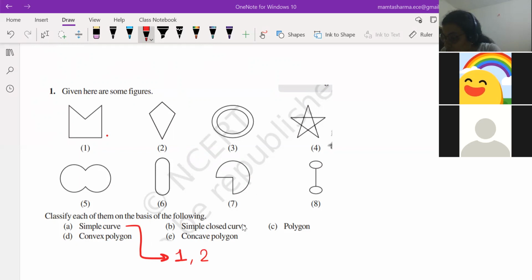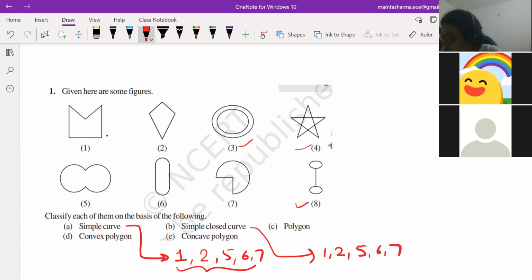So 3, 4, 8 will not be simple curves. Other than these, 1, 2, 5, 6, 7 will be simple curves. For simple closed curves, they all are closed, so the same answer: 1, 2, 5, 6, 7 are simple closed curves.